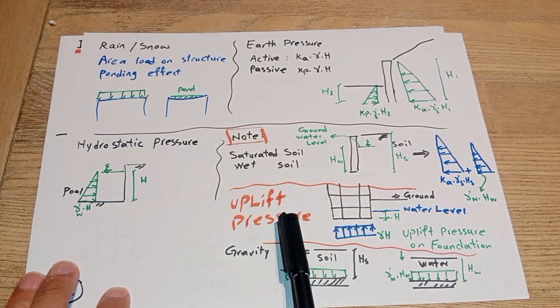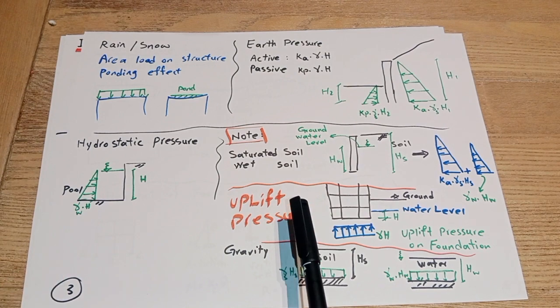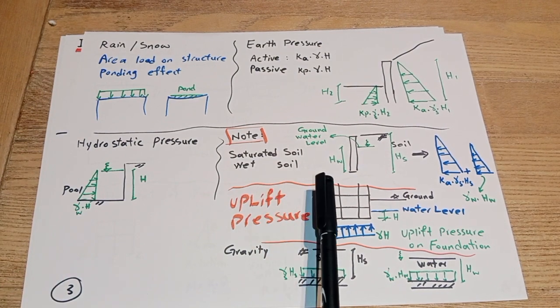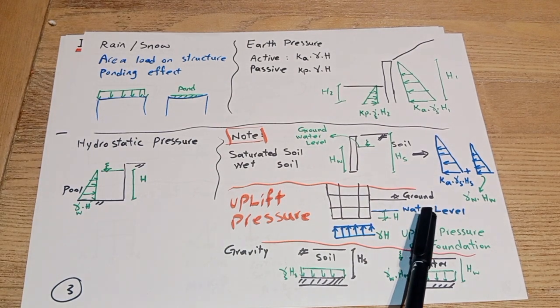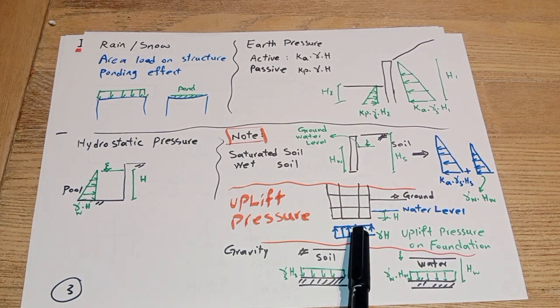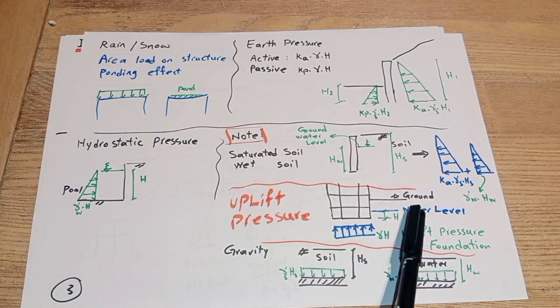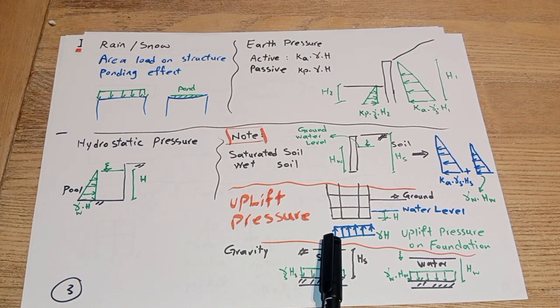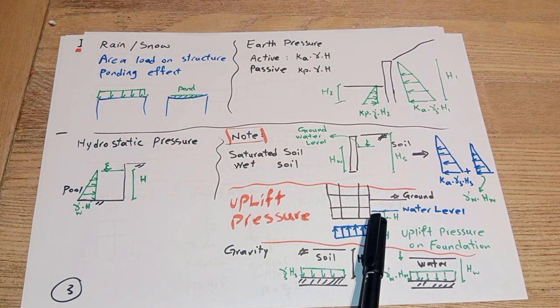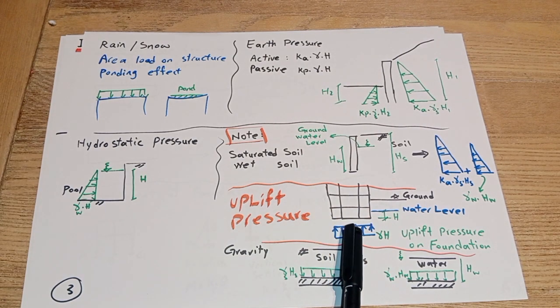Also, one major risk in hydrostatic pressure is uplift pressure. When the groundwater level is higher than the foundation, in addition to the lateral pressure on the structure, we have gamma H. Let's say H is the depth of water from the foundation level, then we have gamma H uplift pressure on the structure.